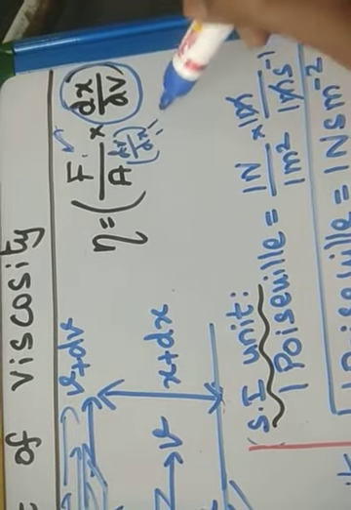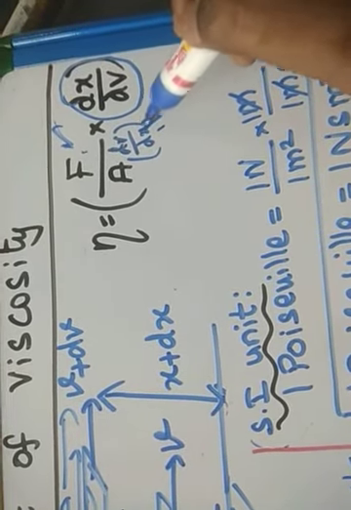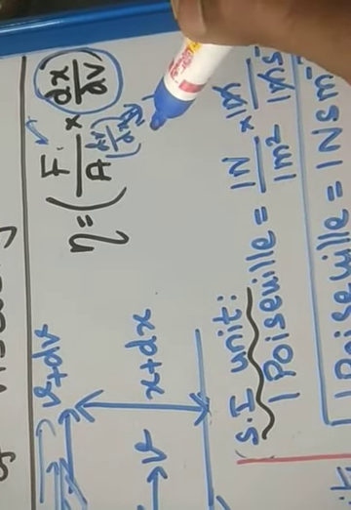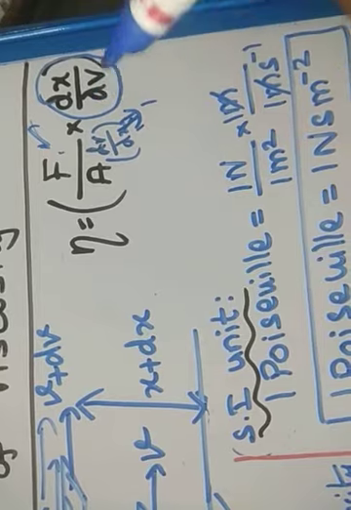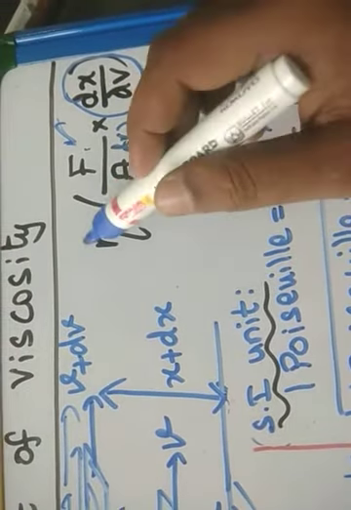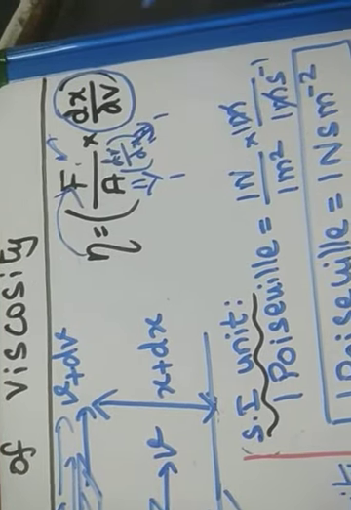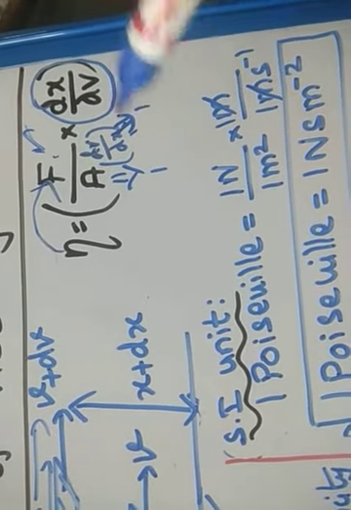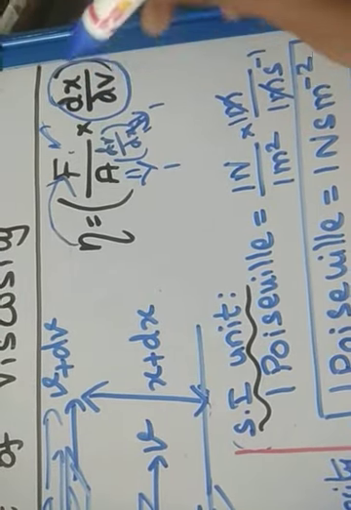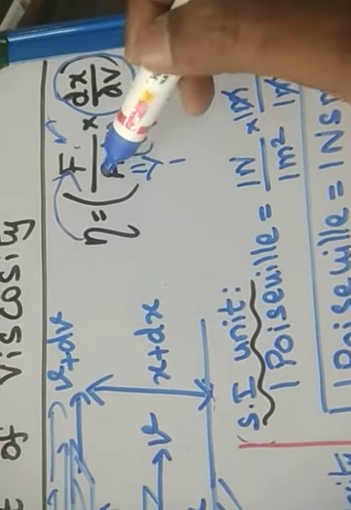When this value is 1, that is unit velocity gradient, and the liquid layer area is 1, then eta is equal to the viscous force. So the coefficient of viscosity is the viscous force when the velocity gradient is 1 and the area is 1.